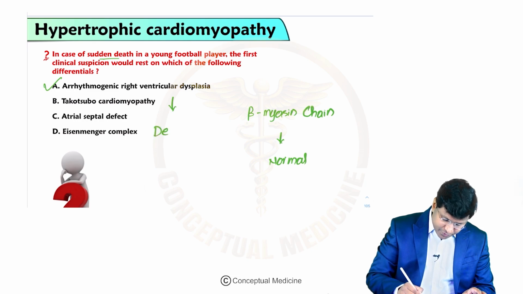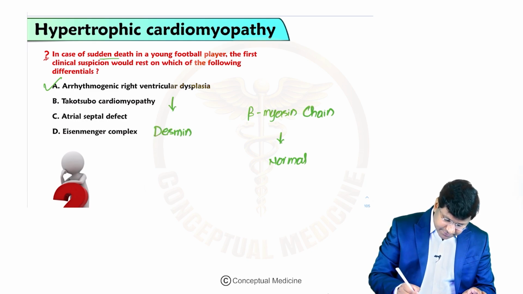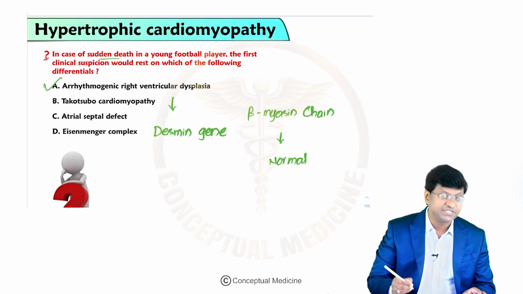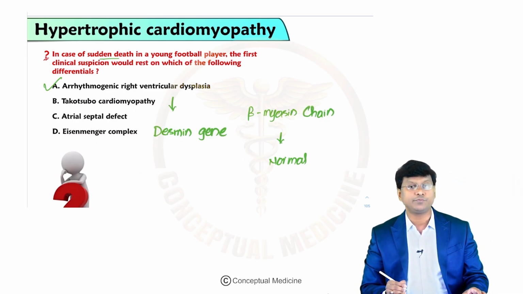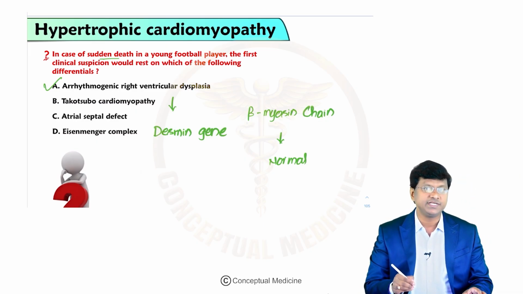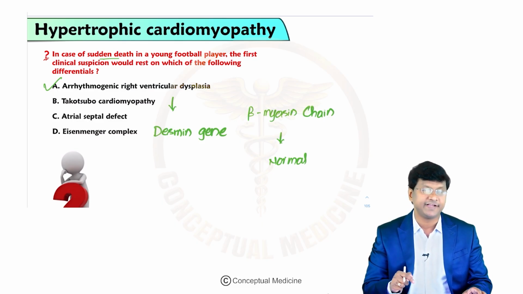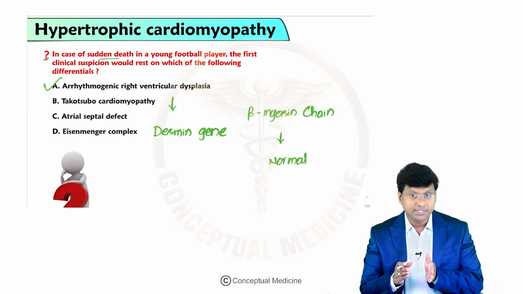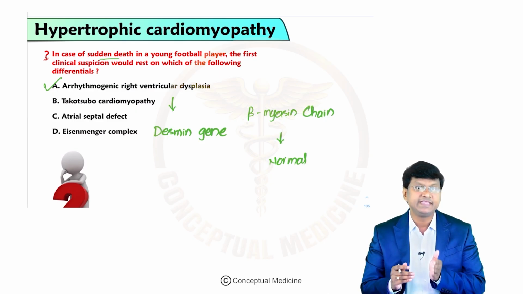The gene which is being mutated is the desmin gene, and this particular desmin gene is present on chromosome 14, and this desmin gene is responsible for the defect, right? And what is the defect in the muscle?